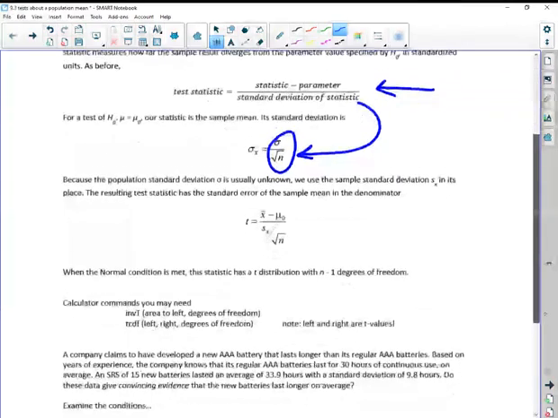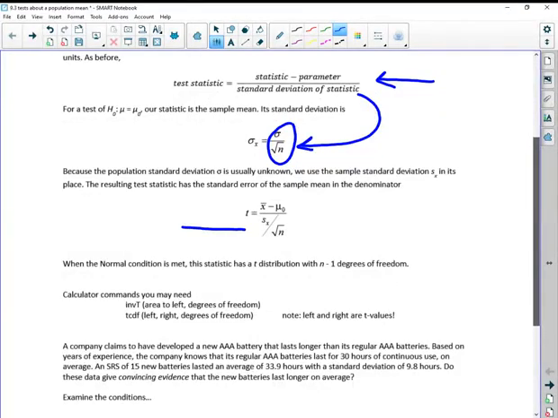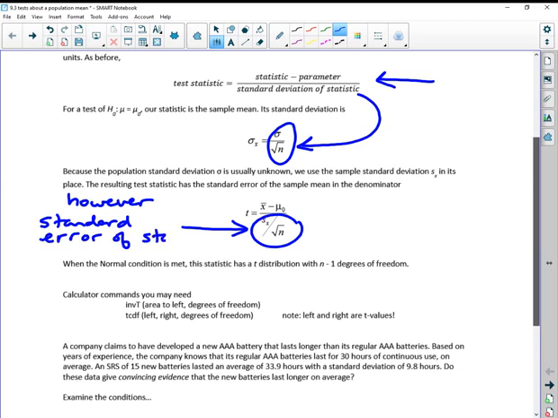But when it's T, that really works the same way. However, it's actually referred to as the standard error because it involved a sample statistic in its calculation. So using T's, you're going to be using standard error in the denominator right there.